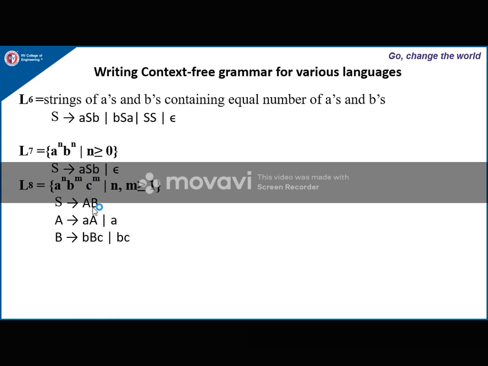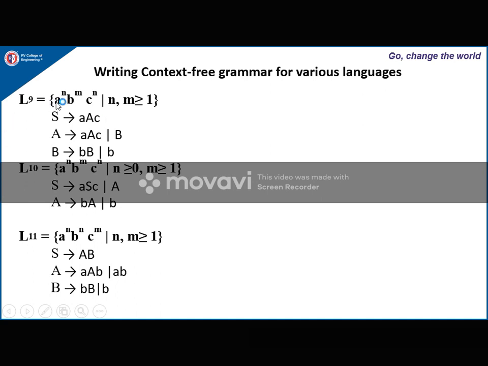Using the capital B production, I will be generating BC, BC, BC. If I want to generate one BC, I can directly take B derives bc. If I want to generate b^2 c^2, first I start with B derives bB, and then for this B I replace again bBc, and at the end I replace by bc. This is how I can generate any number of equal B's and C's.